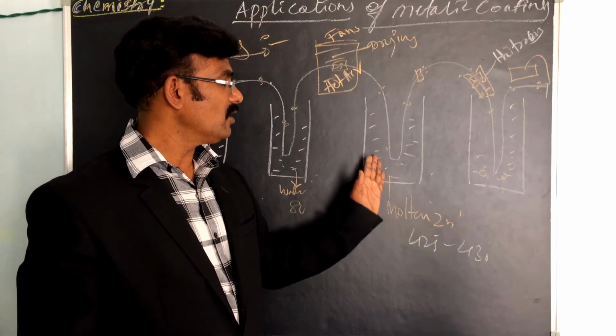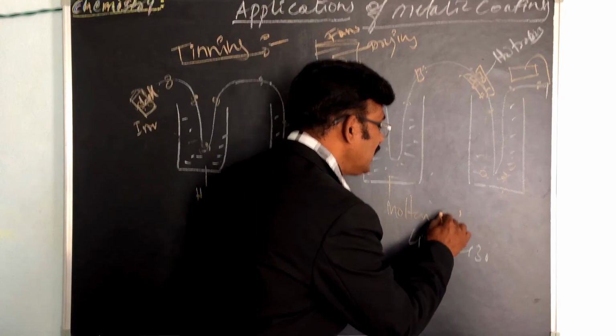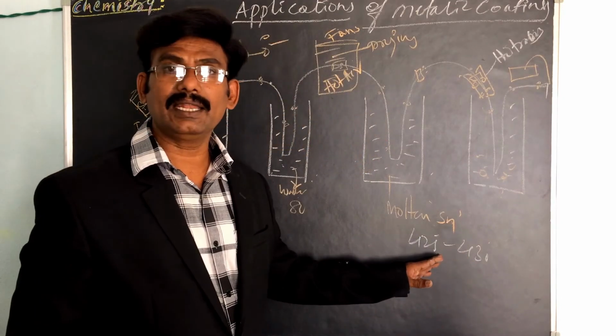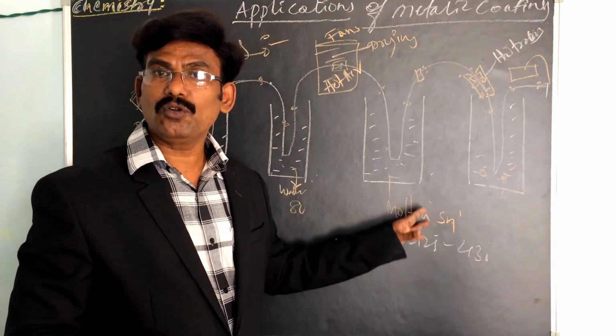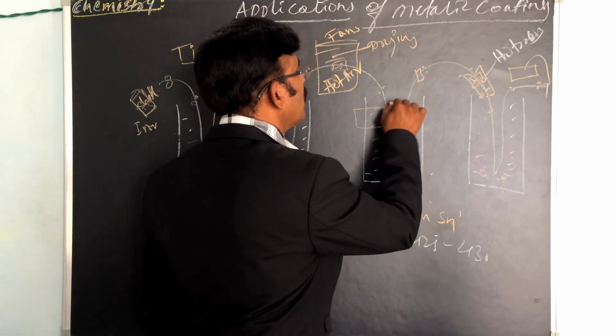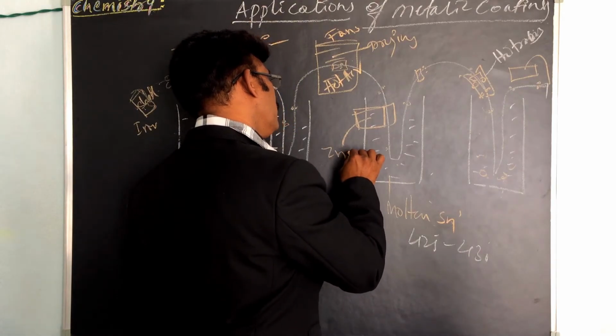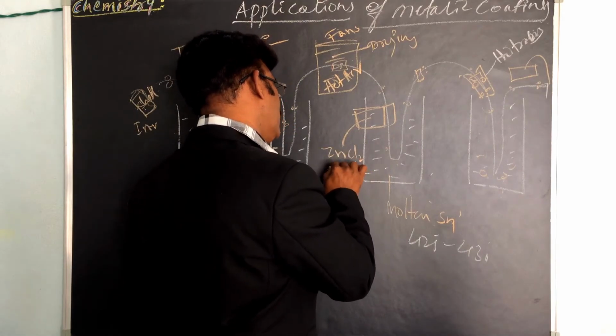Then here we have to change. Here we have to take the tin metal. Before using that, one flux we have to use. The flux tub has zinc chloride flux.